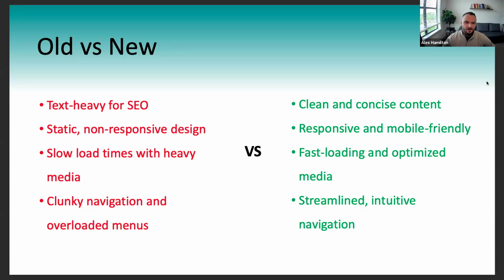Yep. And the last piece is clunky navigation and overloaded menus. We do see this a lot, where typically, when you get on a website and you don't really know where to go or how to navigate because there's so many menus. I've oftentimes seen some menus that have a drop down with like 7 pages and you don't really know what to go to, but it's also slowing you down. It's overloaded.